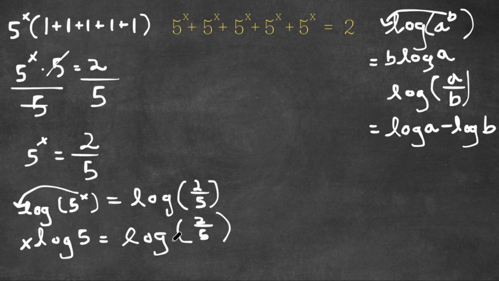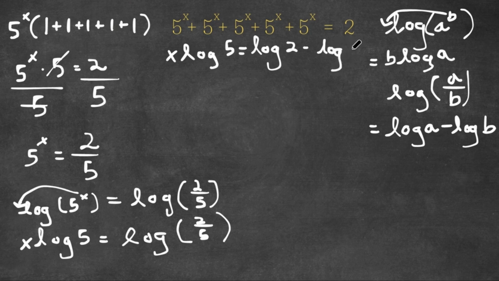So we can do the same thing to log 2 over 5. So this is going to be x times log 5 is equal to log 2 minus log 5.